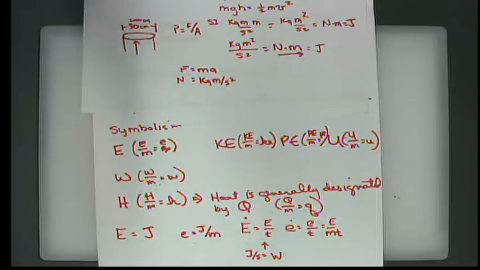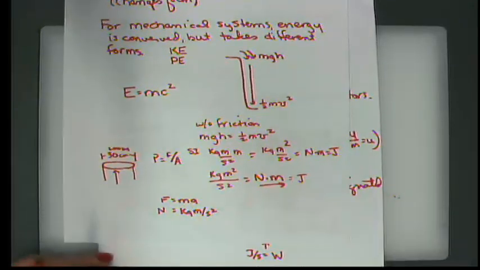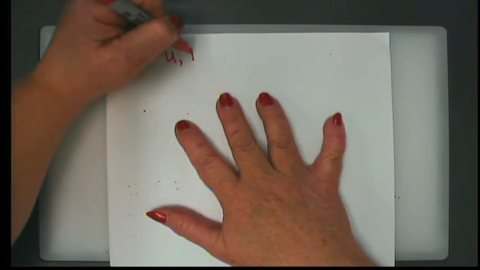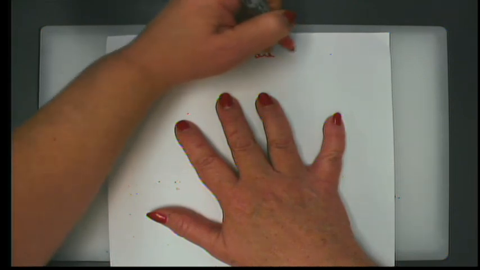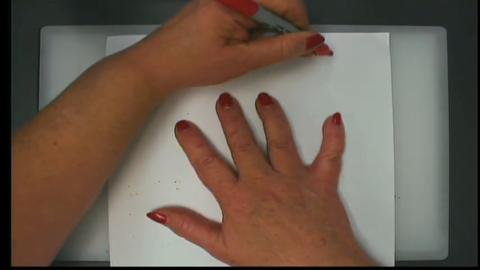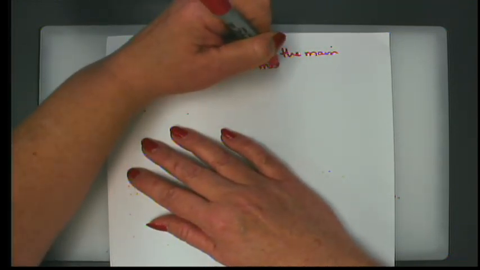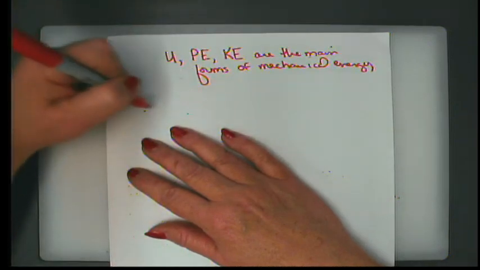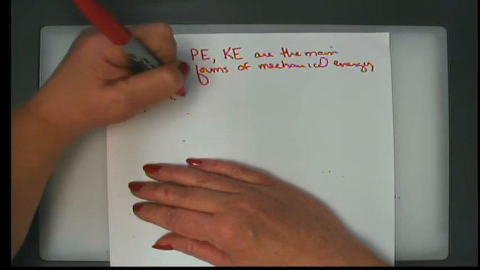All right. So, in general, there are a lot of different kinds of energy that we can talk about. For example, U, internal energy, PE, potential energy, and KE, kinetic energy, are the main forms of mechanical energy. However, in some instances, we may be concerned with electrical energy.